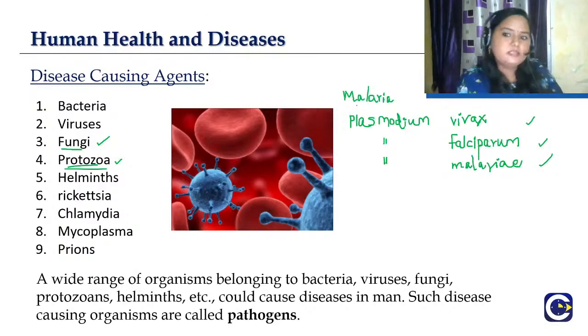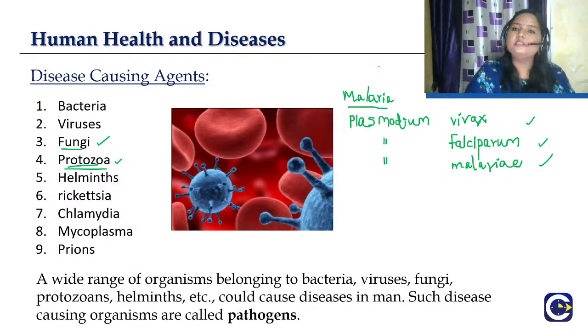Do you know malaria is a disease that needs a vector, that needs the help of a vector? It is transmitted between two hosts. The first host is mosquito and the second host is human.